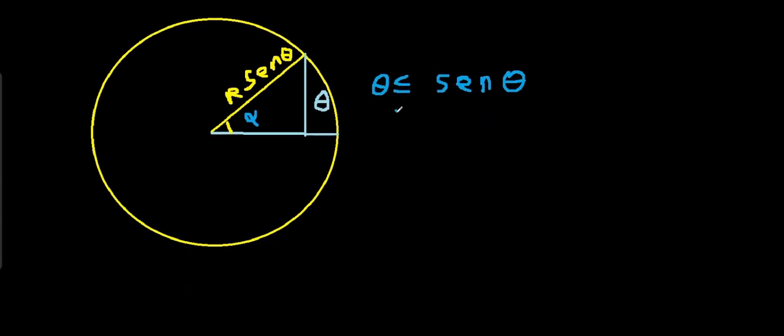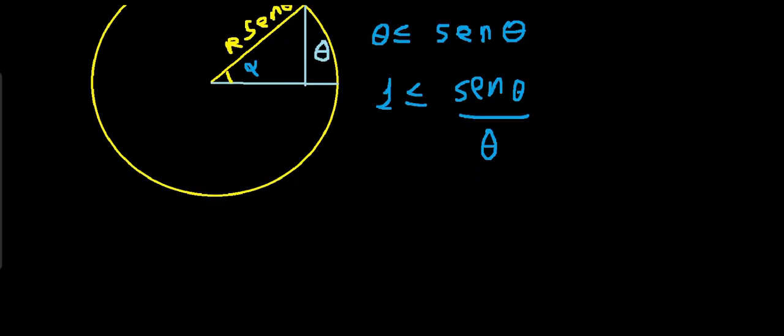We move out on theta: one is less than or equal to sine of theta over theta. Theta can take any value.